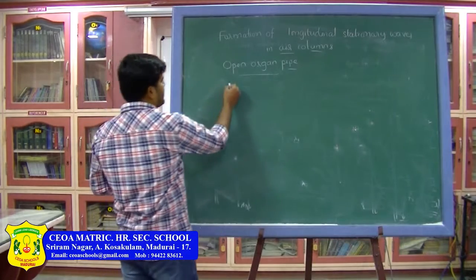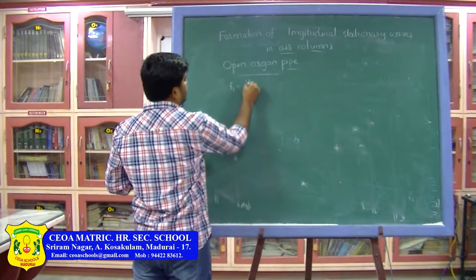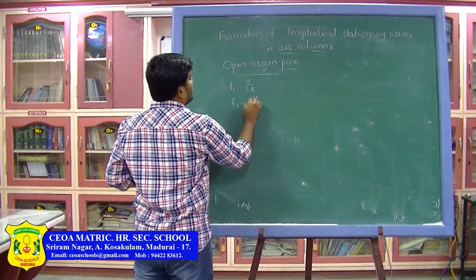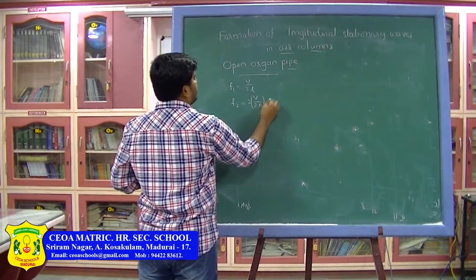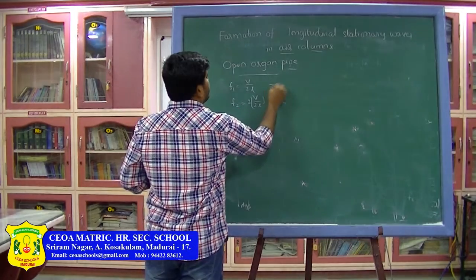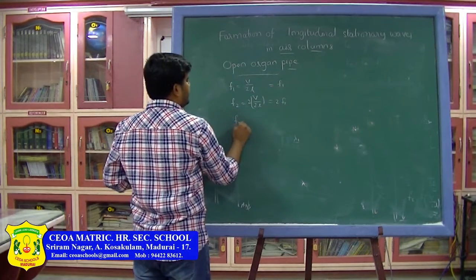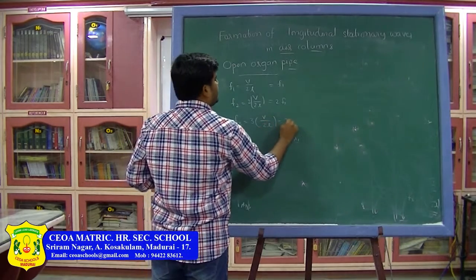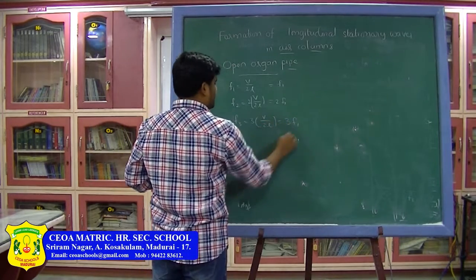That means the first frequency F1 is equal to V by 2L, the second frequency F2 is equal to 2V by 2L. So, I can write it as 2F1, and similarly the third frequency is 3 into V by 2L, and that is 3F1 and so on.